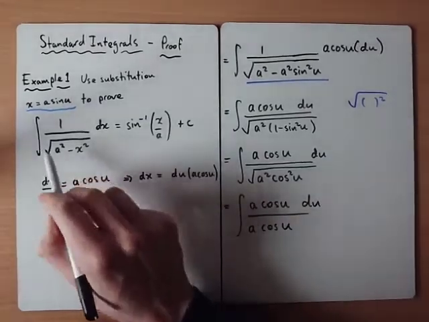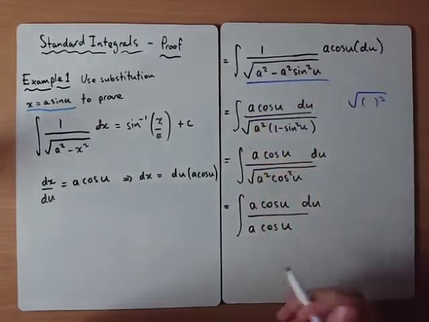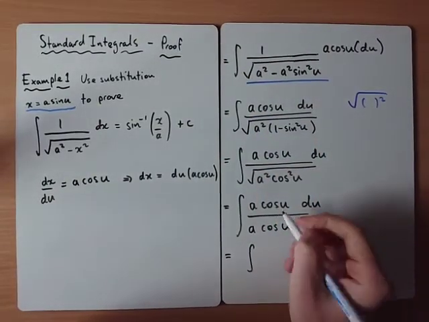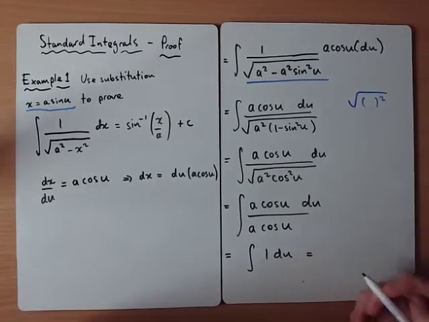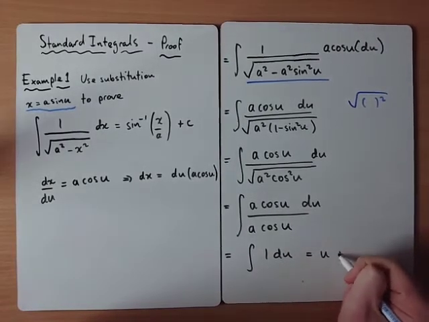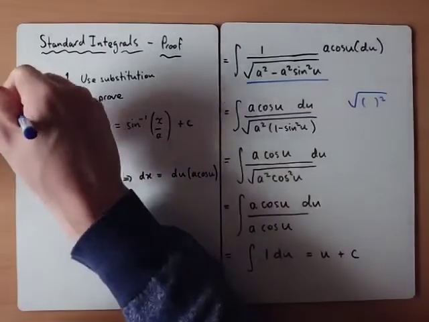So this mad looking thing that we've been asked to integrate, and this really awkward looking substitution that we've done, we end up integrating 1 with respect to u, which just gives me u plus c. And that's the answer. That's where our answers come from. We're not quite there yet, are we? When we do substitution, the final step is to go back to your substitution.